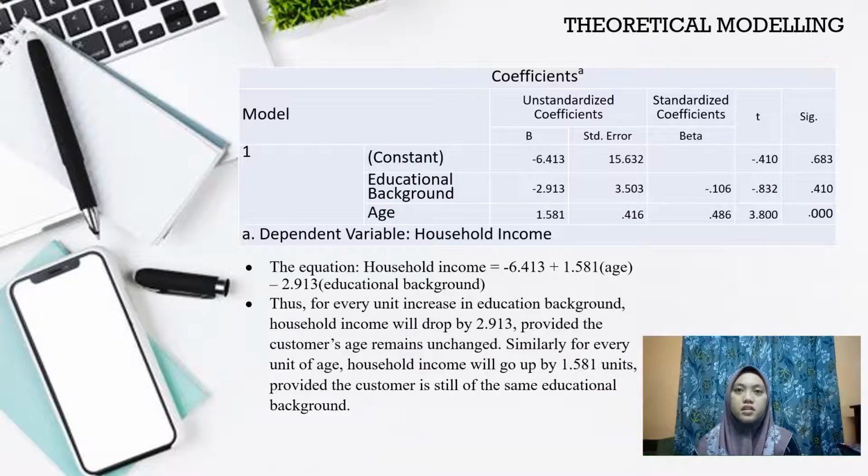Next is coefficient. From the equation, for every unit increase in educational background, household income will drop by 2.913, provided the customer age remains unchanged. Similarly, for every unit of age, household income will go up by 1.581 units, provided the customer is still of the same educational background.